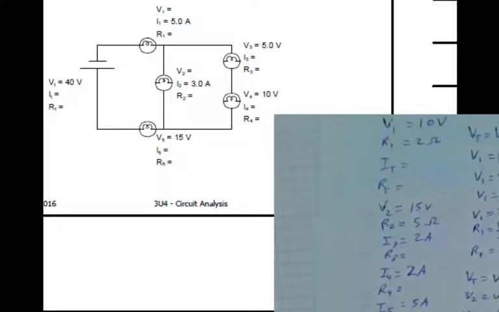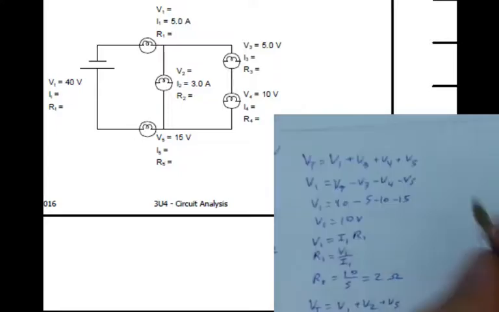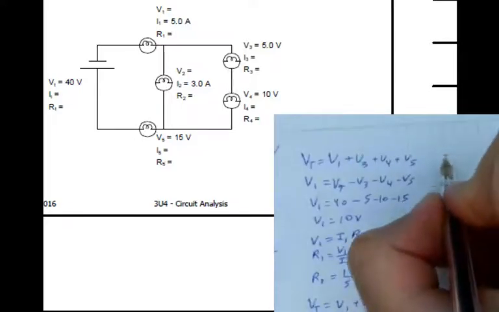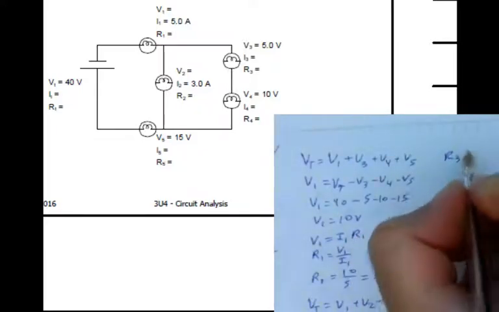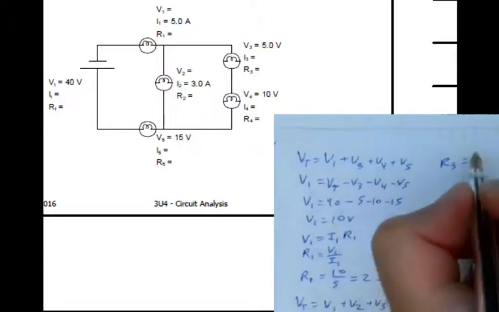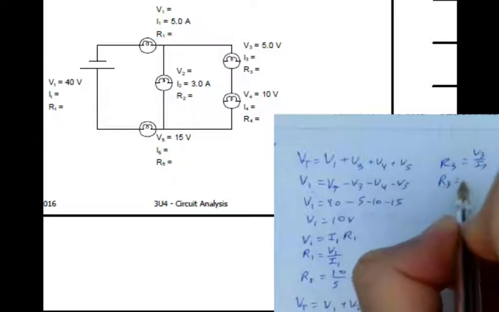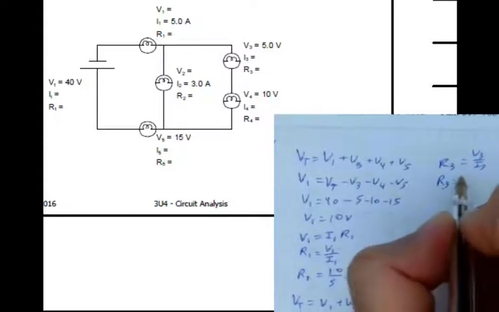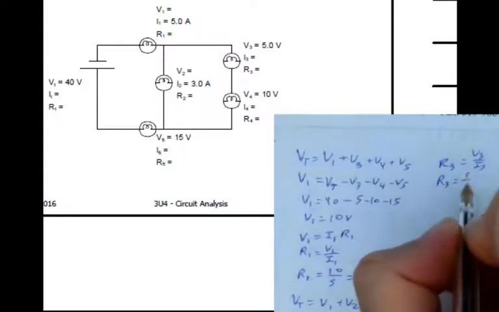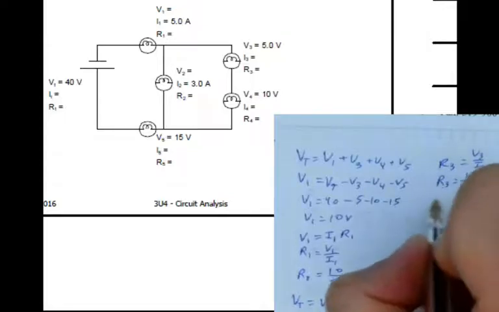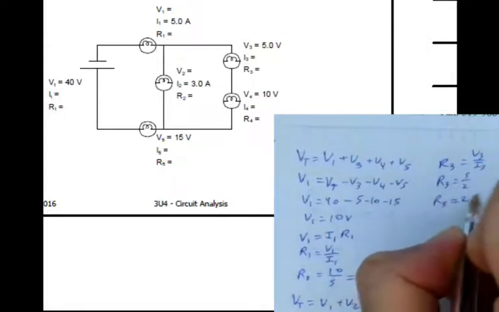Now I can use Ohm's law, I'll do it over here on the side, to find out what my R3 and my R4 are. R3 is V3 over I3, which is the same as I34, so that's going to be 5 over 2. So R3 is 2.5 ohms.